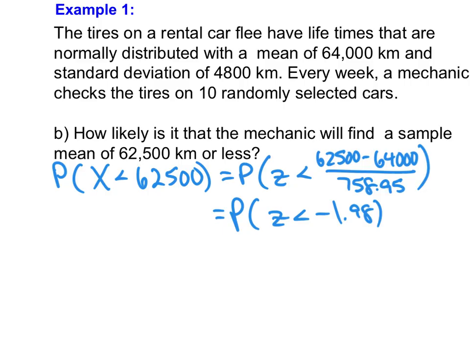So going to the Z tables, the probability on the Z table for less than 1.98 is 0.0239, so we have a probability of about 2.4% that the average of the sample will have a mean of less than 62,500.